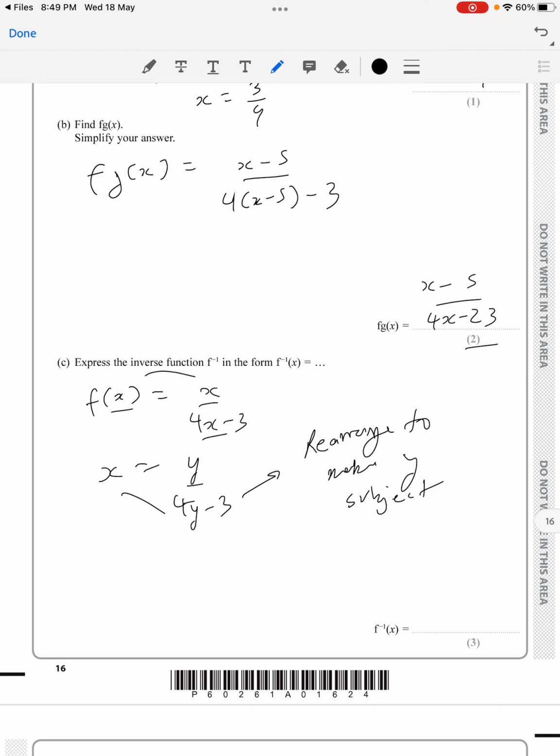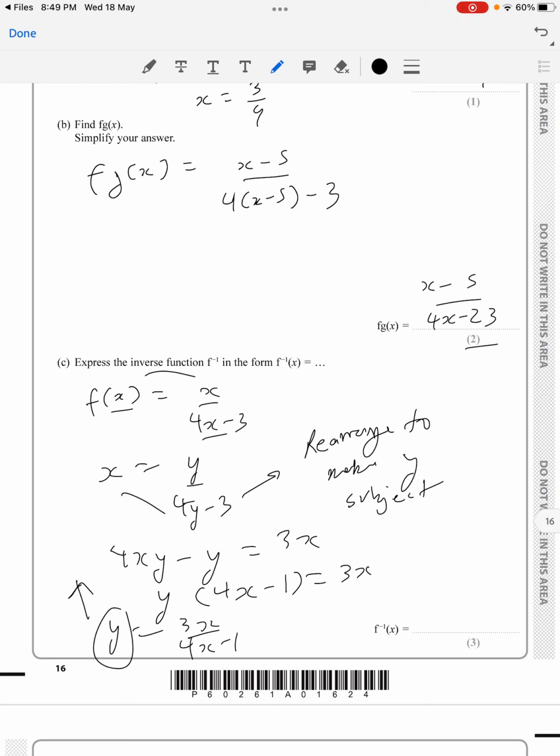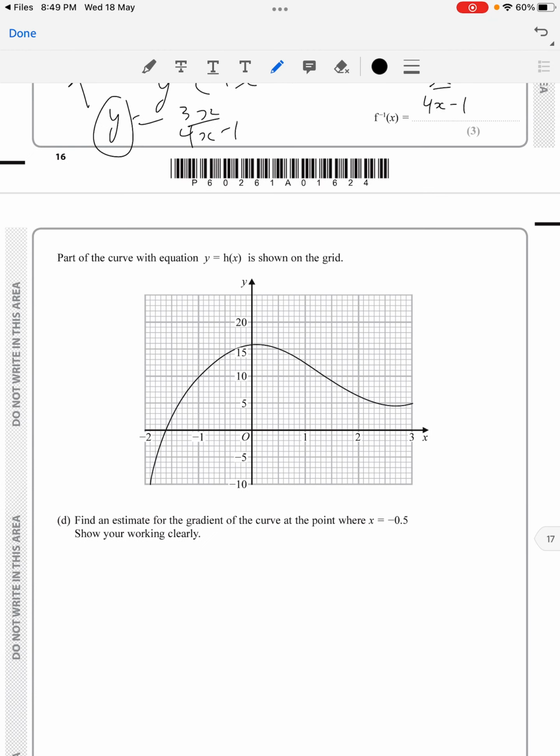Now once you make y the subject, you should be getting something like 4xy minus y is equal to 3x. Just make y the subject, and in this case you have y is equal to 3x divided by 4x minus 1. Now what you need to do is convert this y into f inverse of x, right? So that's written there. You have 3x divided by 4x minus 1. Okay, that's simple and easy.